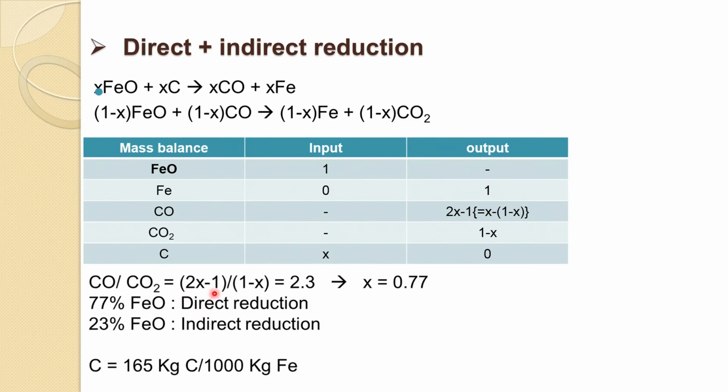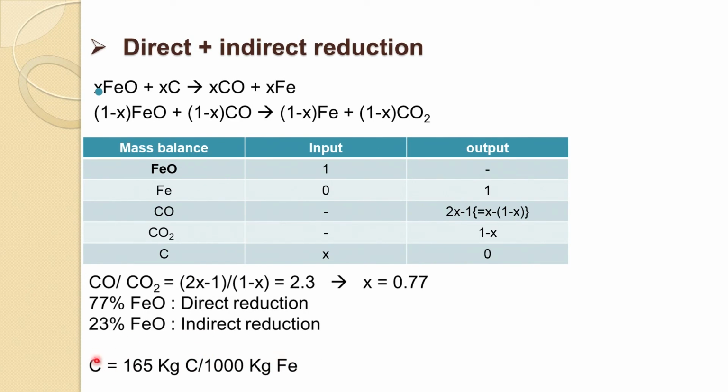And when you put this value, then you will get 165 kg of carbon needed per ton of iron, and that is the most beneficial economical reaction.